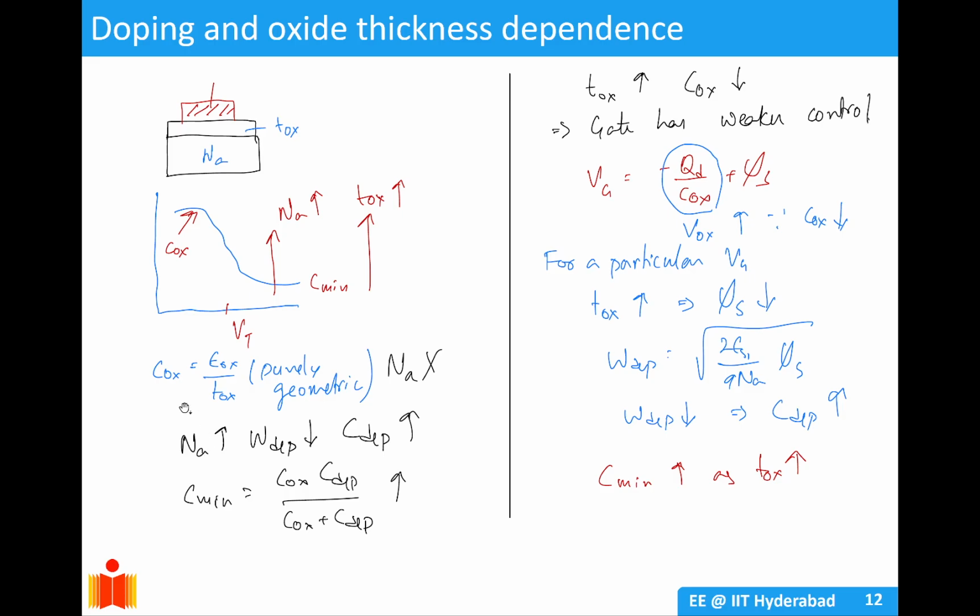So your COX is only epsilon ox by TOX, so it does not depend on Na at all. But as you increase your Na, your W depletion will decrease, and hence your C depletion will increase.